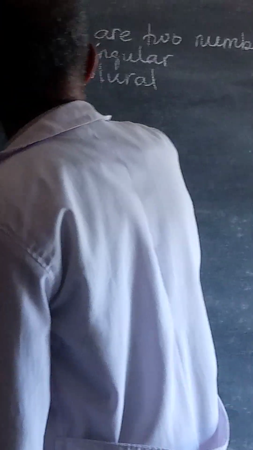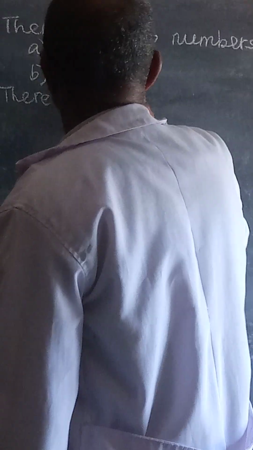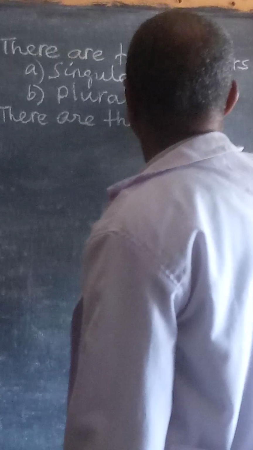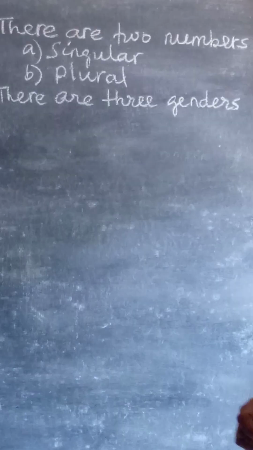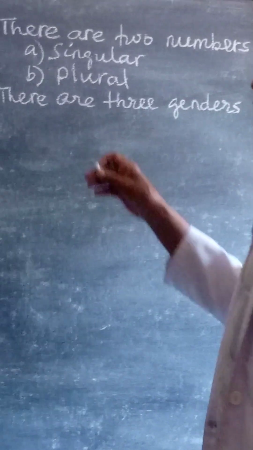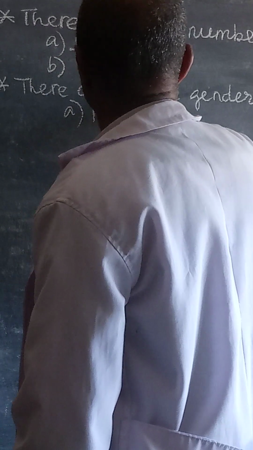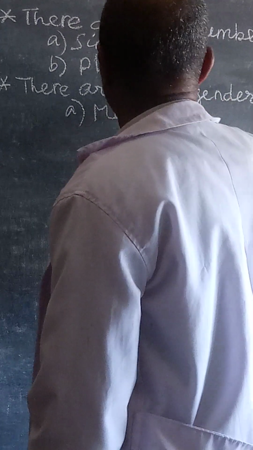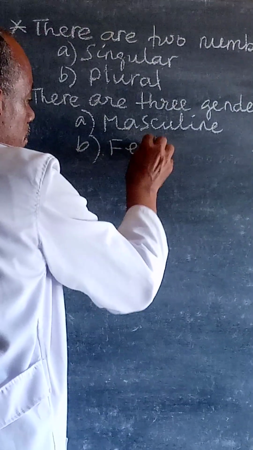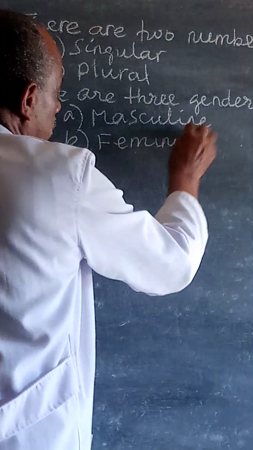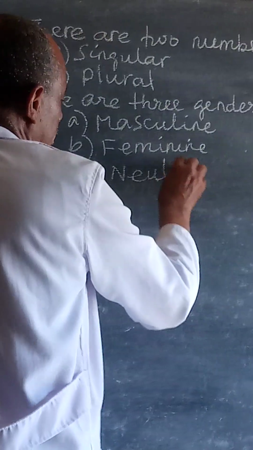The other point that we can mention here is there are three genders. These three genders are: one, masculine gender; the second one is feminine gender; the third one is neuter gender.